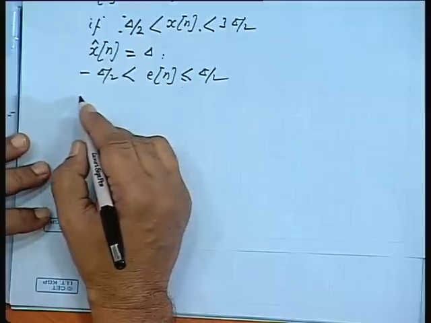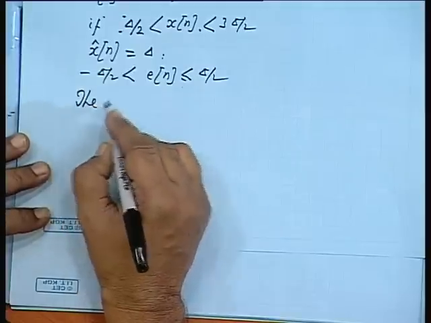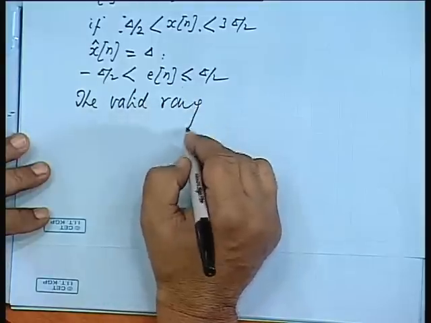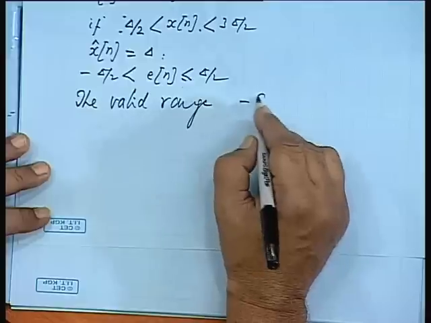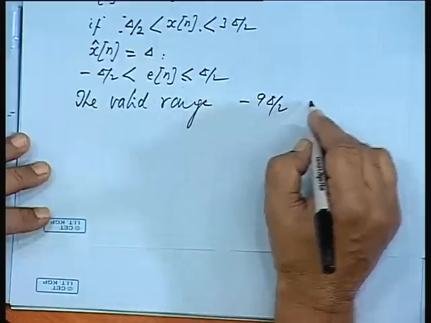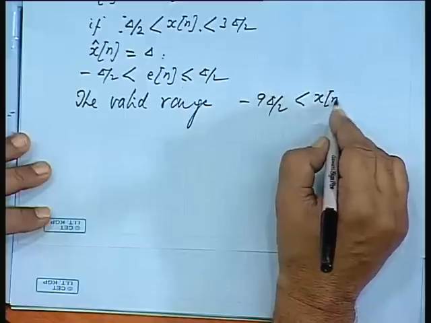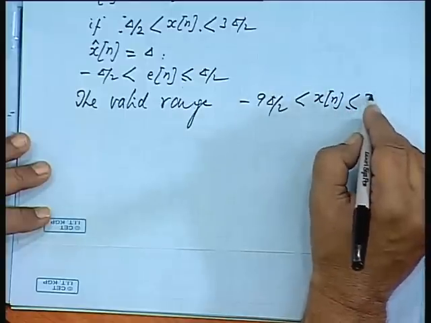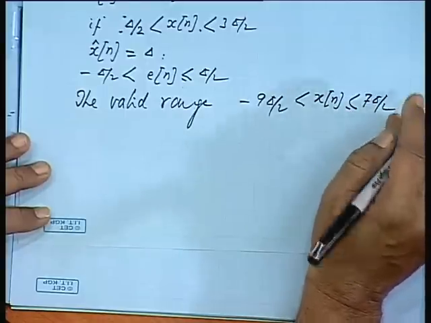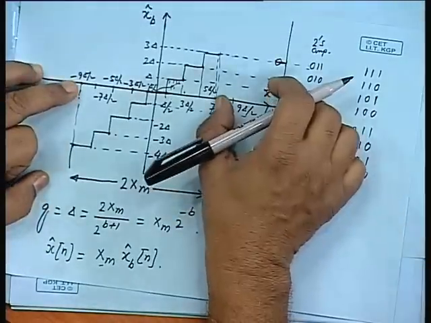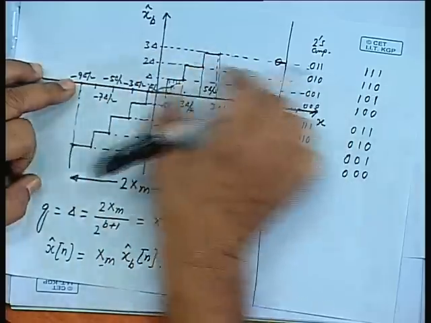So, the valid range is minus 9 delta by 2 to 7 delta by 2. You have seen it here, from minus 9 delta by 2 to 7 delta by 2. This is the range of variation of x.